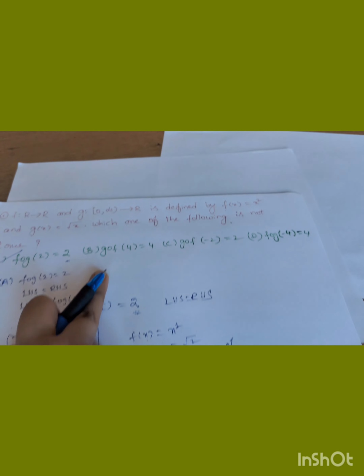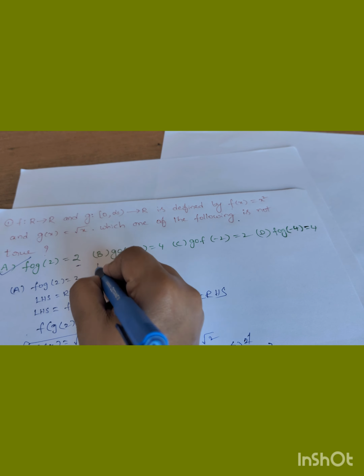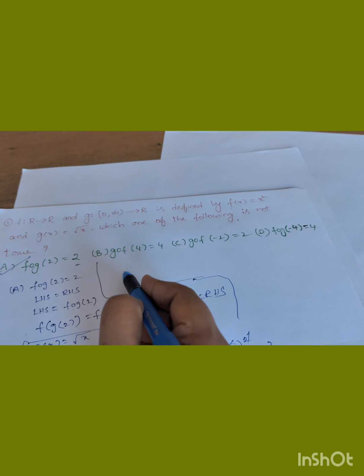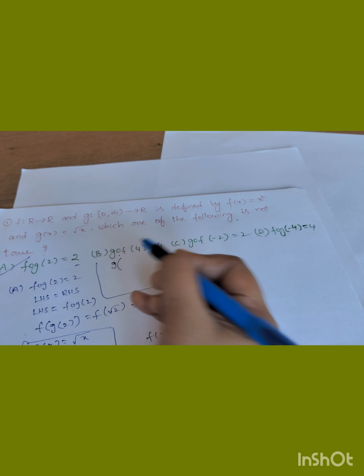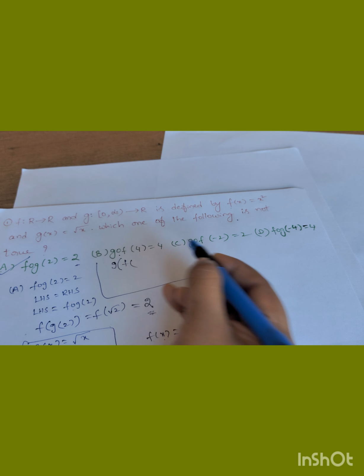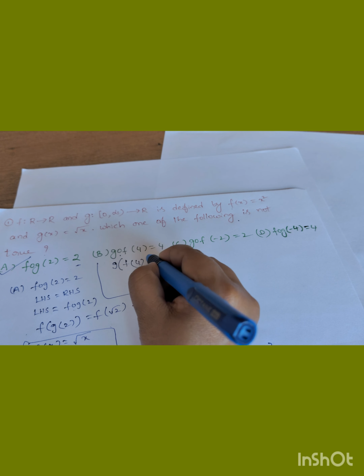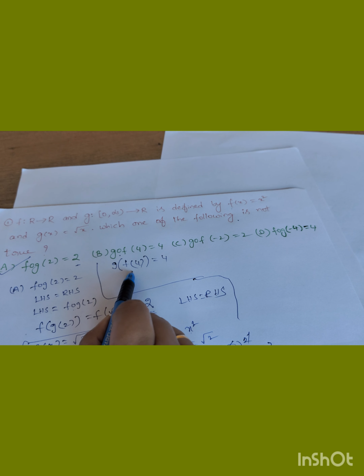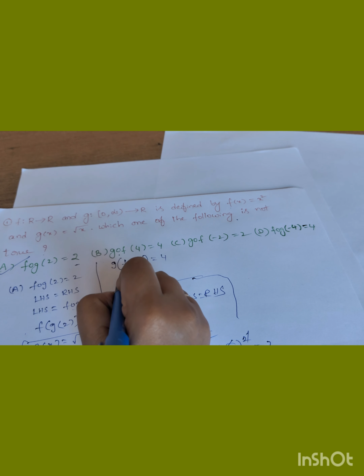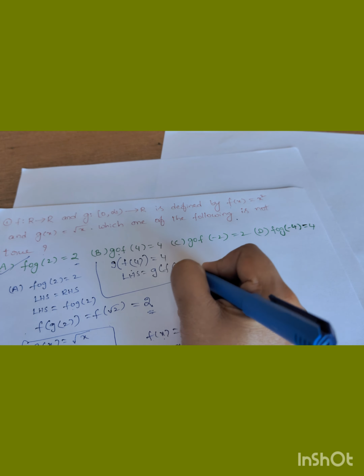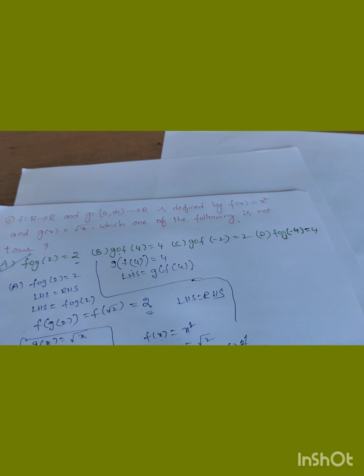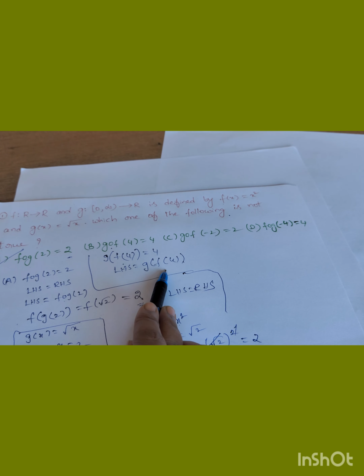Now we check option B. The same way we do the process. G circle f means, as I told, it is "of". g of f of 4 is equal to 4. Now we need to find this LHS. LHS is g of f of 4. How do we find f of 4?